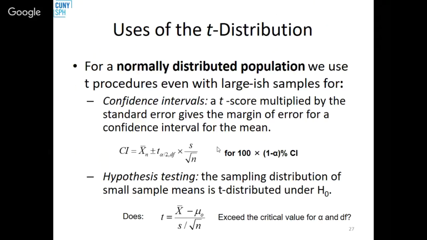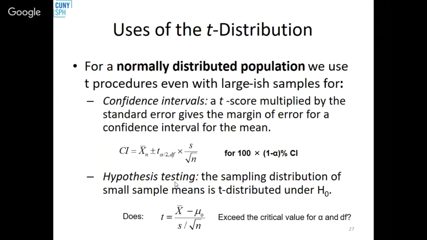When do you use the t-distribution? You can use the t-distribution for, so first, if you have a normally distributed population, your values in the population are normal, then even with sort of large-ish, like greater than 30 observations, you still use the t-distribution for confidence intervals and for hypothesis testing, just using a critical value from a t-table instead of from the z-table.